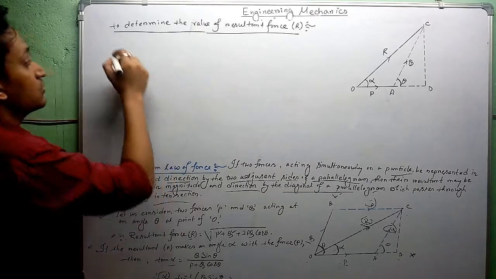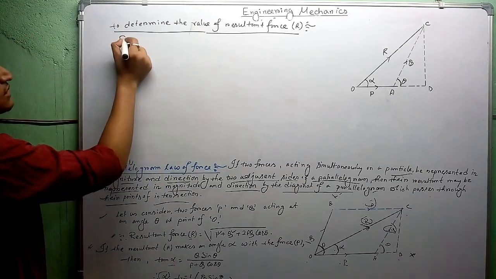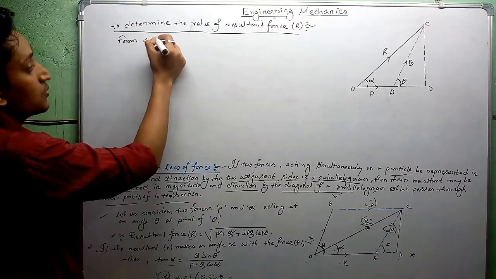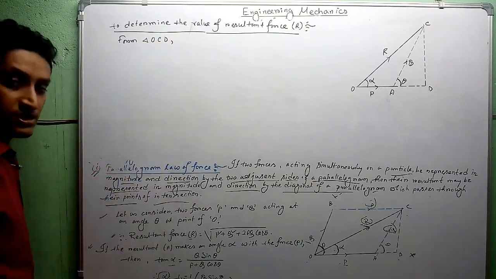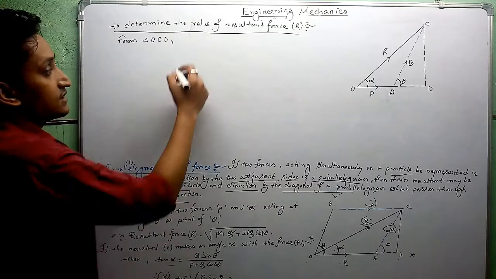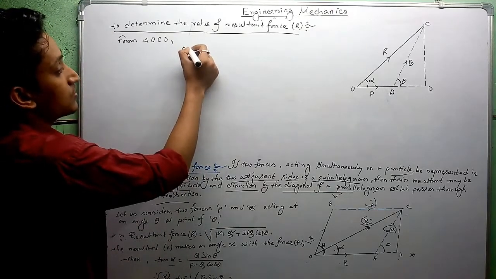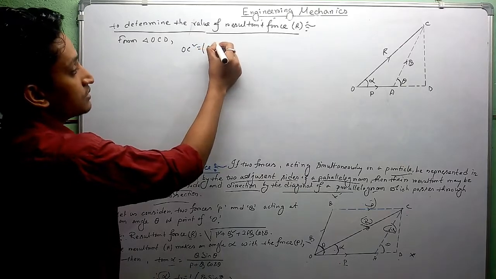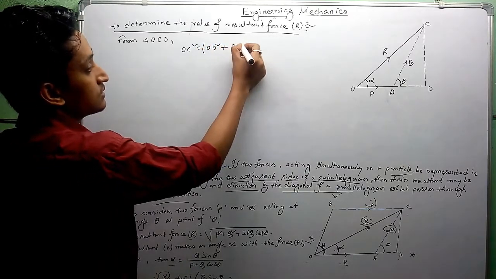So we can say that from triangle OCD we can write that OC square is equal to OD square plus DC square.